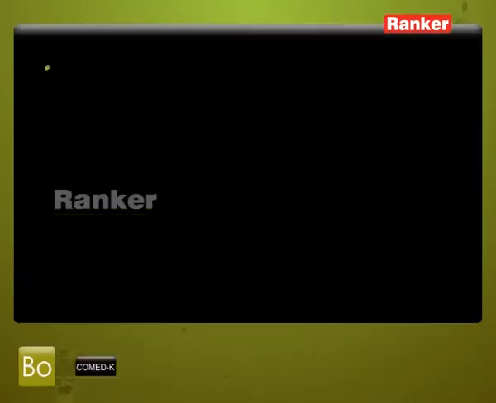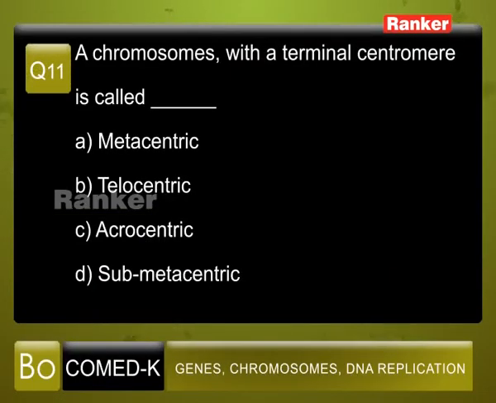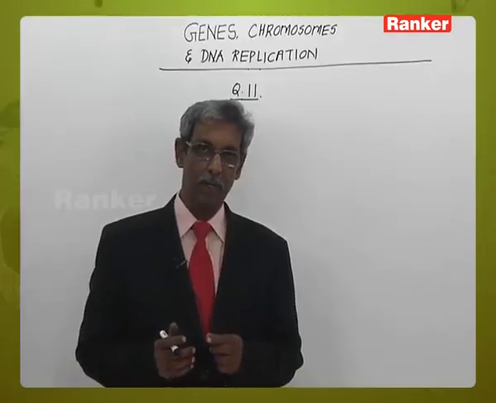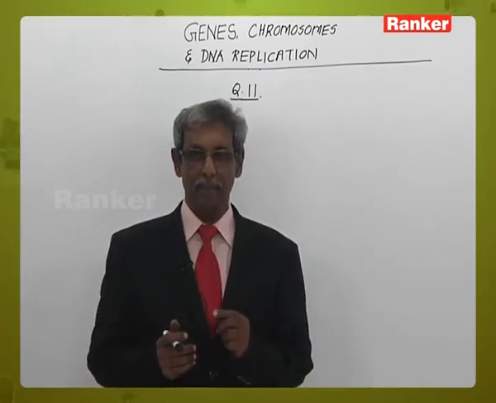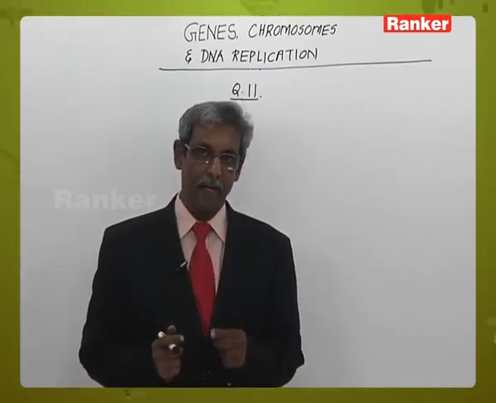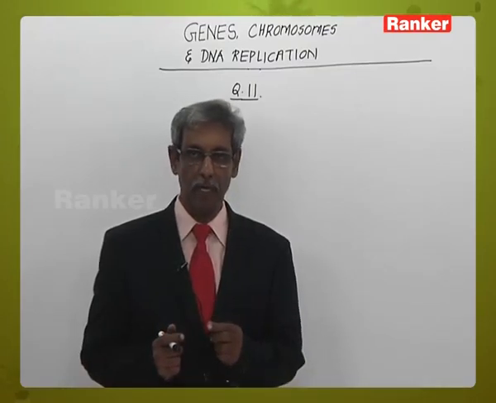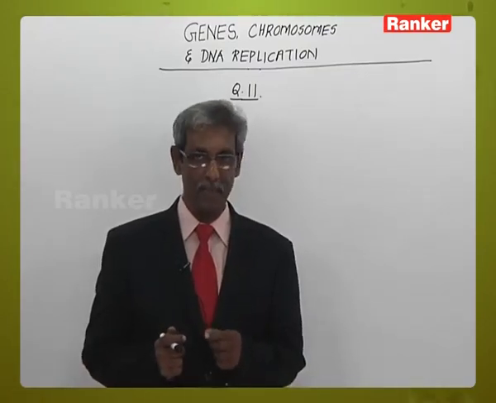Question number 11. A chromosome with a terminal centromere is called A. metacentric, B. telocentric, C. acrocentric, D. submetacentric. Chromosomes are primarily the vehicles of inheritance, and chromosomes are rod-like structures which are found in the nucleus during cell division.